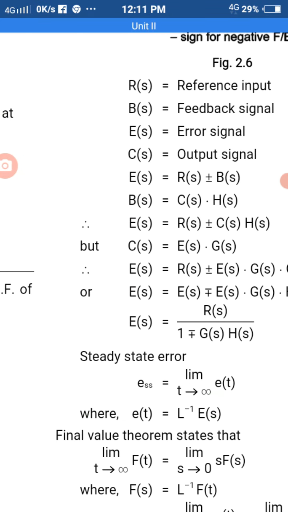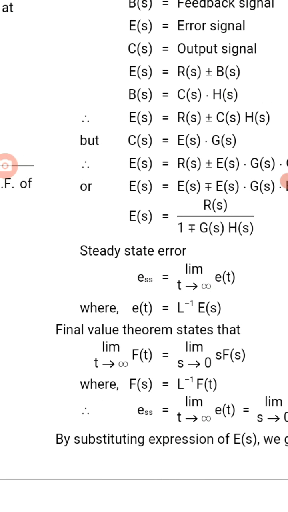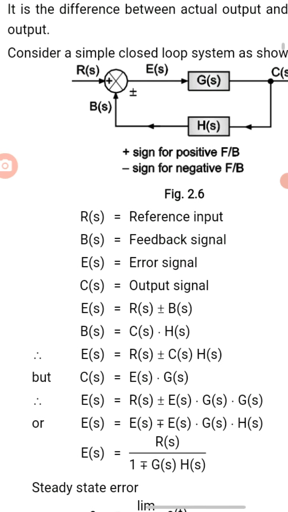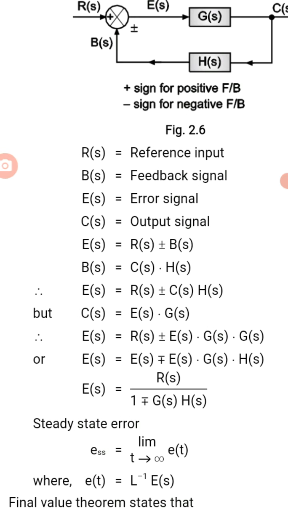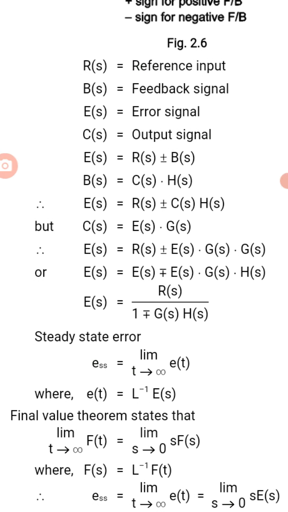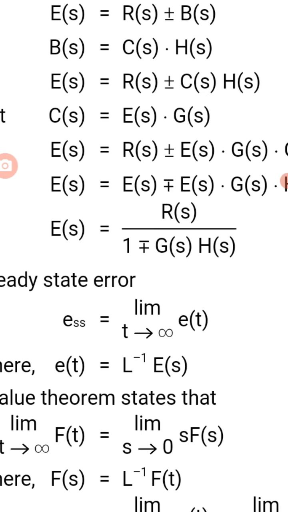The error signal is given as E of s is equal to R of s, that is the input, upon 1 plus G of s into H of s, which is also called a transfer function. So steady state error is given by ESS is equal to limit t tends to infinity of e of t. Why does steady state error have limit t tends to infinity? Because it is after the settling time period.